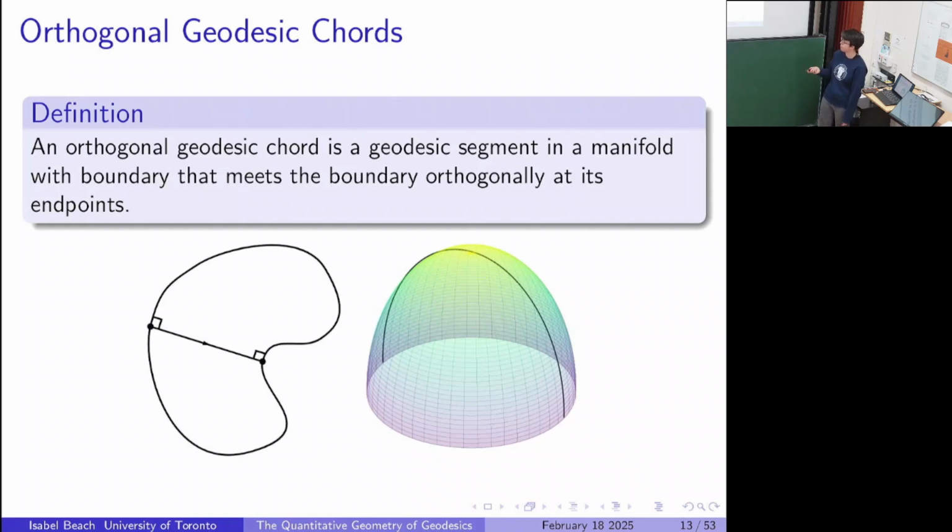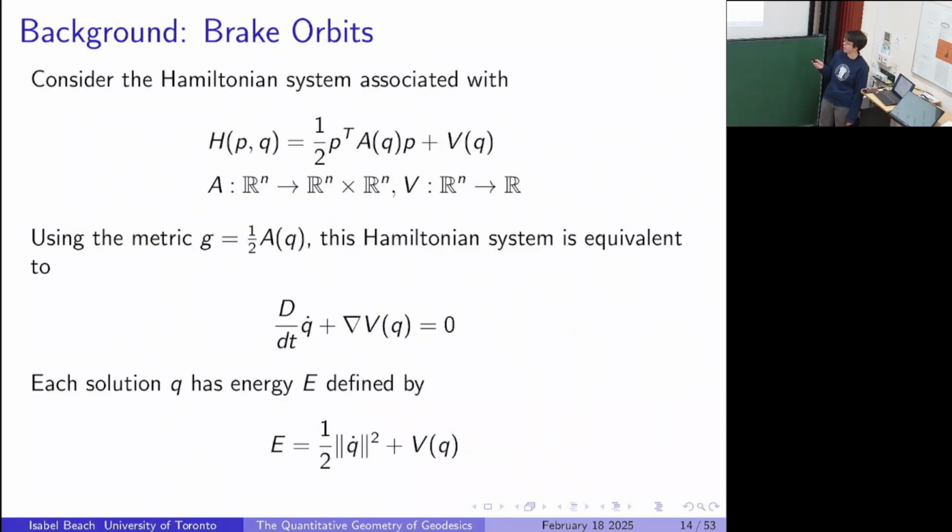Besides their intrinsic interest as geometric objects, these also have a relationship to physics, the study of Hamiltonian systems. So if you've got this standard form of a Hamiltonian system that you're interested in finding solutions to, where A is a matrix that varies depending on where you are, and B is some function.